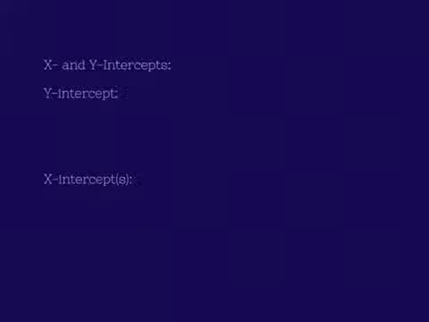So in the past, we've actually worked with finding x and y intercepts, but we're going to do it again here. So remember, to find the y-intercept, we are going to replace x with 0 in the equation. And so we'll end up with a y-intercept at 0, some value.